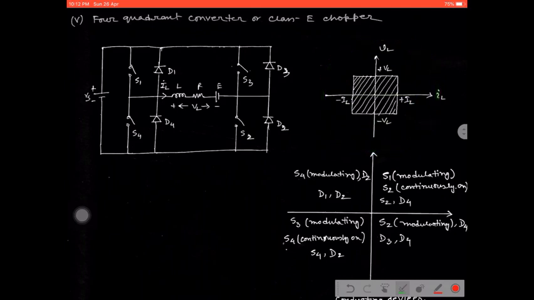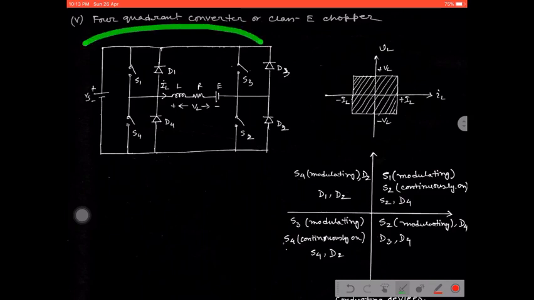Okay. As we know, the first case was what? That is S1 and D4 for the class A chopper. That is why S1 is modulating and D4 is in the conducting state, because this D4 is applicable for the discharging path of the inductor. In all the cases, D is applicable for the discharging path.